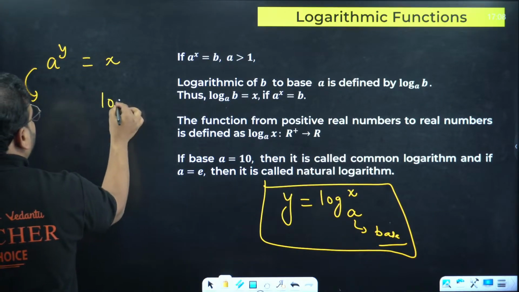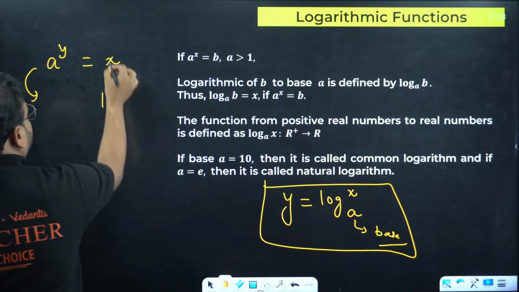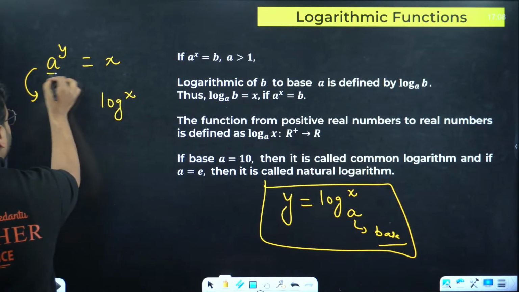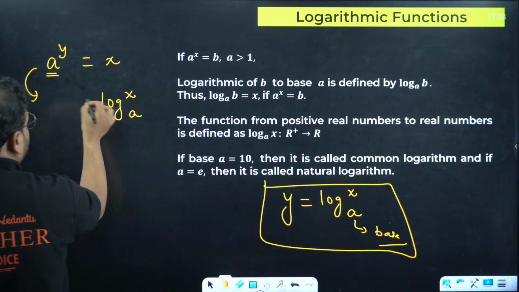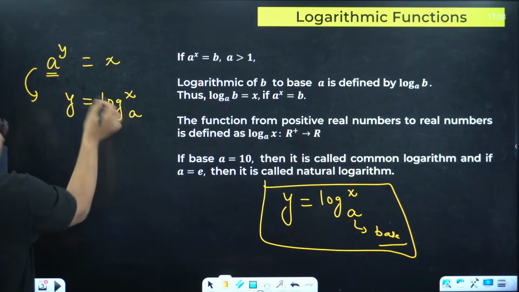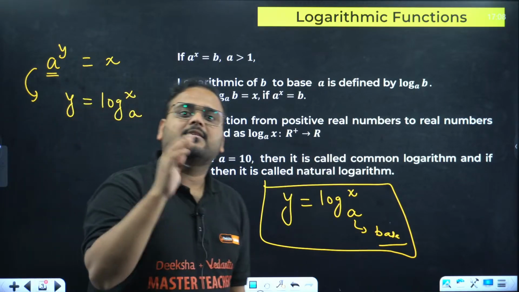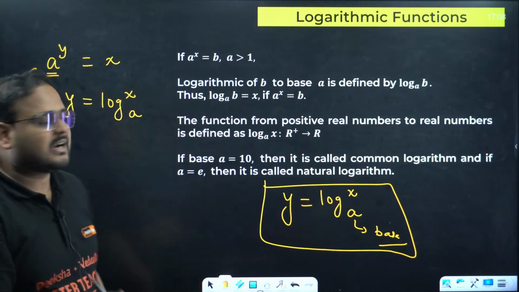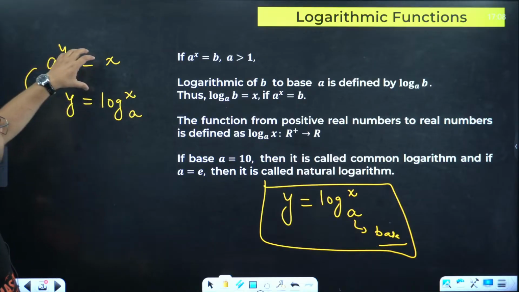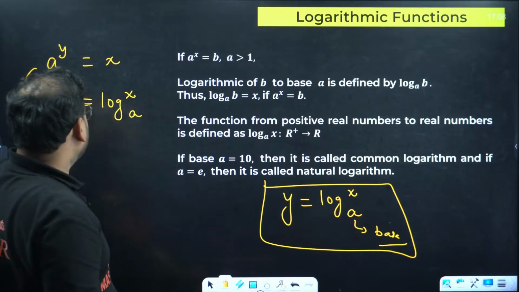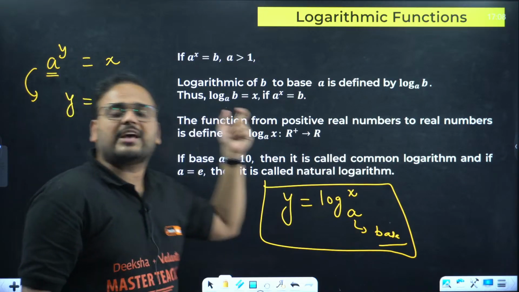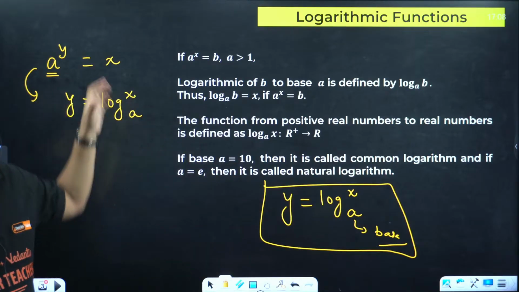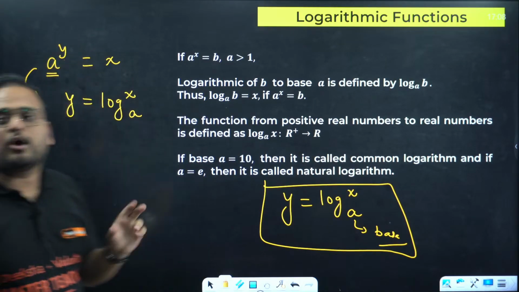You write log over here of this value x. Whatever is the base, you write the base over here, and this y becomes free. How it is possible? Again, we'll look at it when we are learning the properties. To understand this is the transformation between exponential function and log function. a power y equal to x is log of x with the base a equals y. Transformation of exponential to logarithmic function.